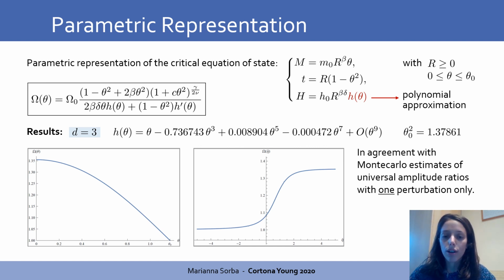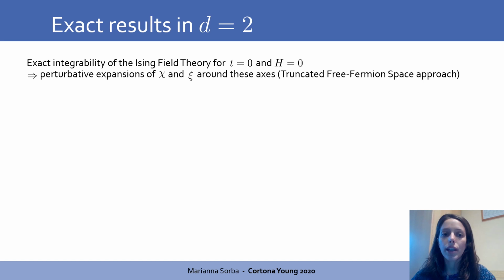Therefore, we have to study this other case with another approach, and in particular, we exploit the fact that the 2-dimensional Ising theory, when one of the 2 perturbations is 0, becomes an integrable theory. Therefore, lots of exact results are known, and also we can use perturbative expansions, for example, of the magnetic susceptibility and the correlation length around these axes of integrability.